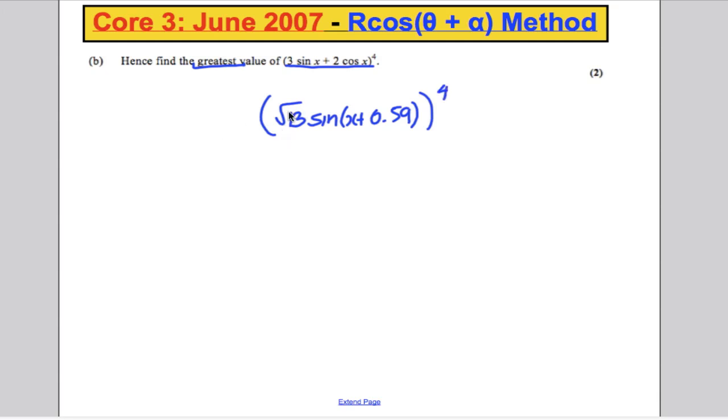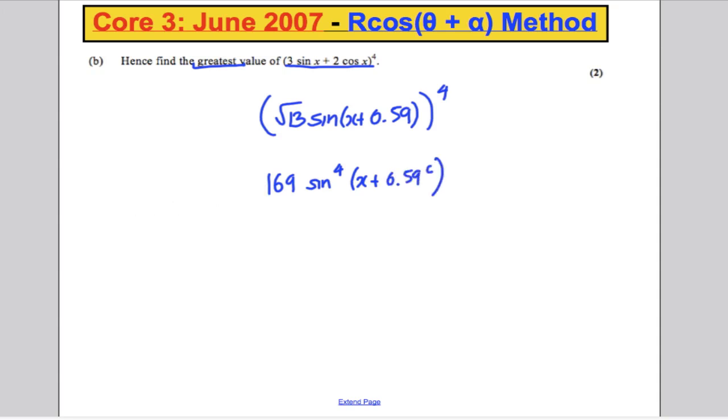Now, root 13 to the power of 4, you could type that in your calculator, but you should be able to work it out, is 169. So this is the same as 169 sin to the power of 4 of x plus 0.59 radians.